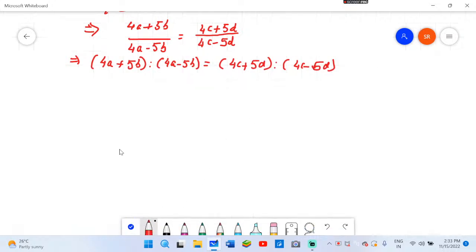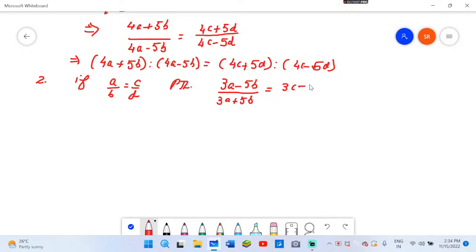Then one more problem we take. We are given that if A upon B is equal to C upon D, then prove that 3A minus 5B upon 3A plus 5B equal to 3C minus 5D upon 3C plus 5D.